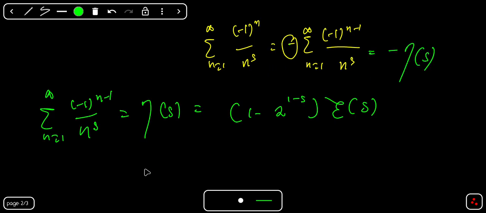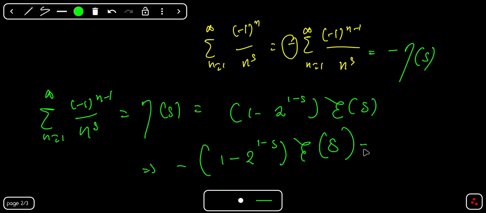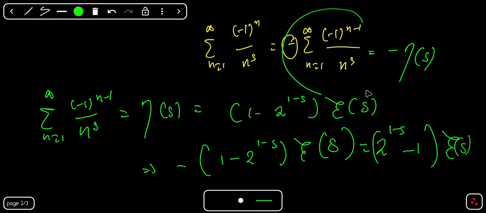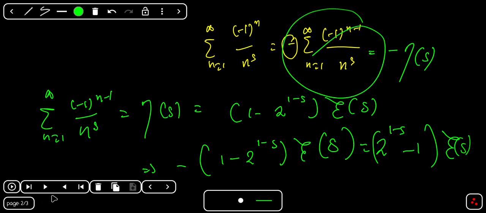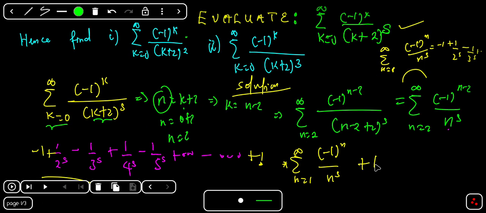Okay, then this will now be negative into bracket 1 minus 2 raised to the power of 1 minus s, then multiplied by zeta of s. So if you open the bracket with a negative sign, you're going to have 2 raised to the power of 1 minus s minus 1, then multiply by zeta of s. So that is the sum. Okay, and don't forget we have plus 1 here.